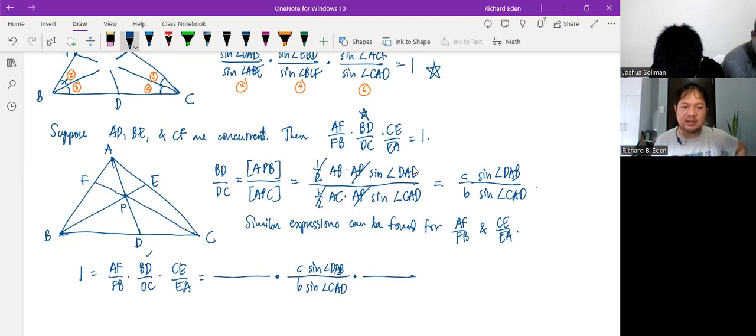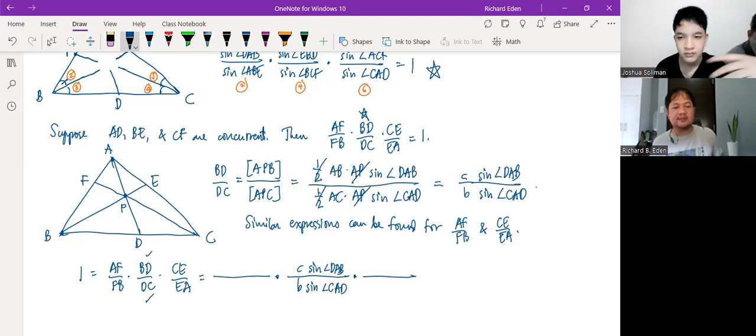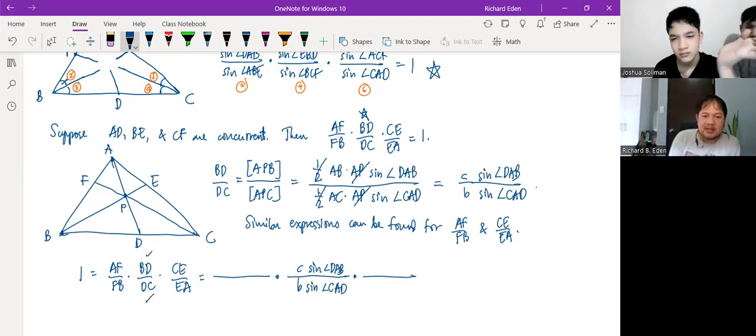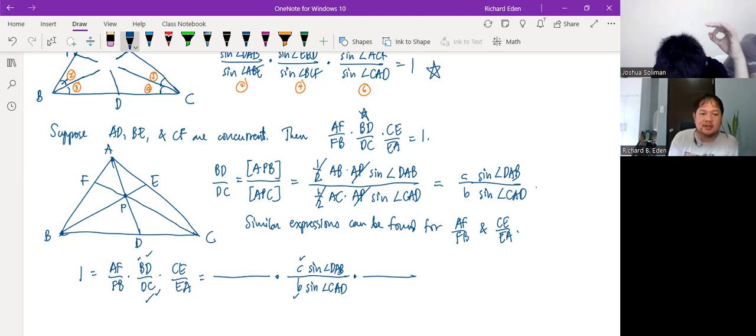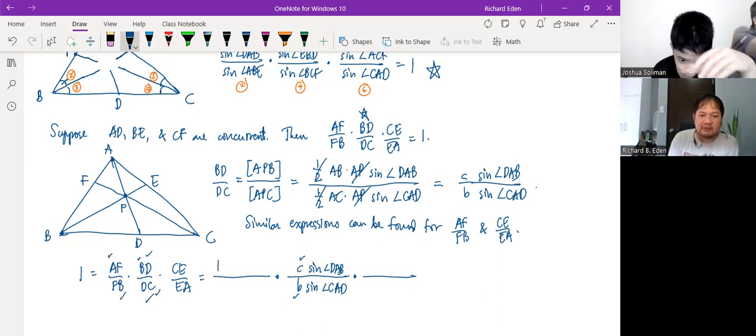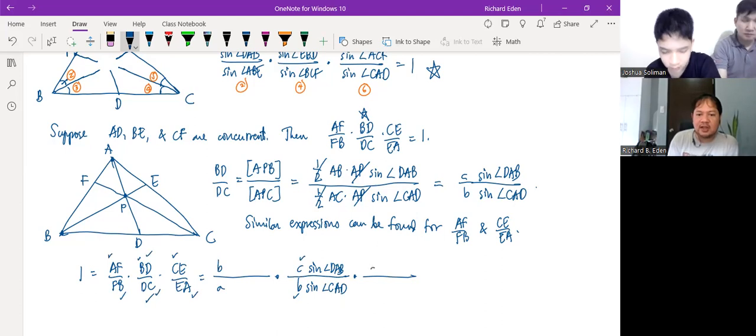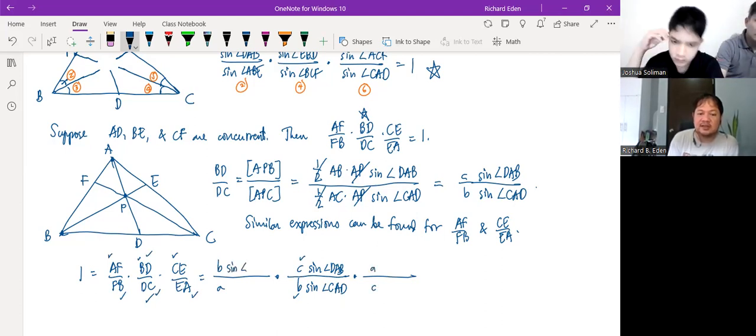So from BD and then DC, I'm thinking ginamit natin ng letters B and C to come up with c over b. So here I'm thinking, here we have vertices A and B. So we have B and A here. Since we have C and A here, then we have small letters a and c here. Then let's write down the sines, SIN. Then let's fill in the angles.